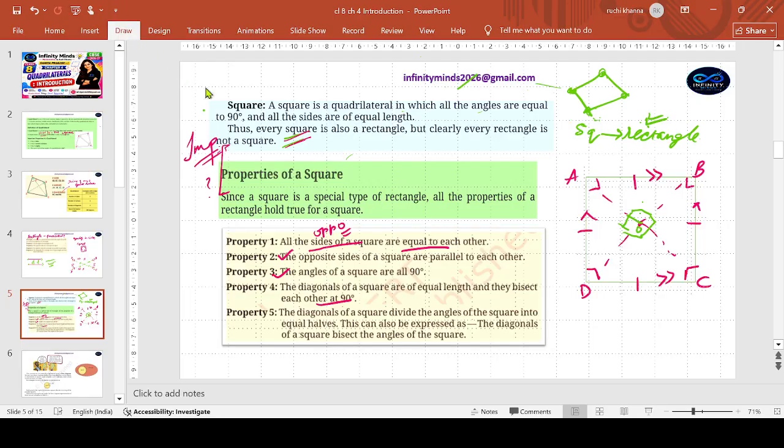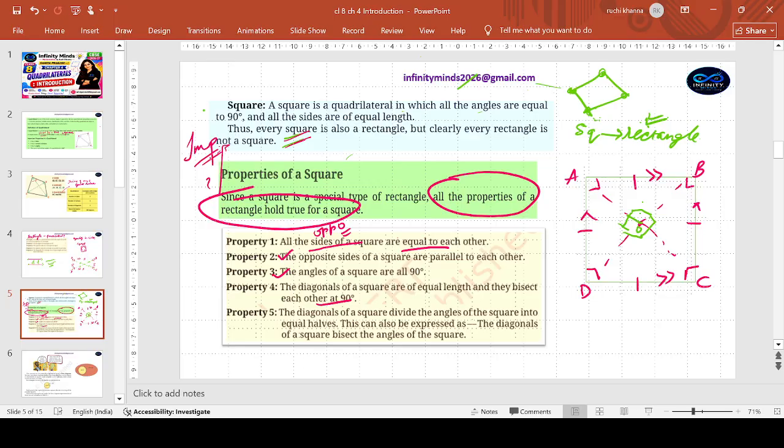What is more important for you is this. All properties of a rectangle hold for a square. Can you say all properties of a square also hold for a rectangle?